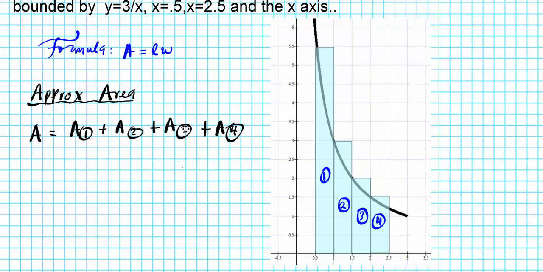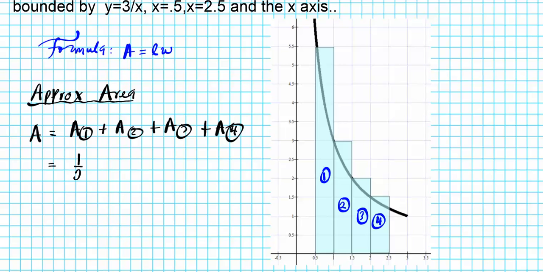Okay, so that will help us approximate the area between this curve, the boundary lines, 0.5 and 2.5, and the x-axis. All right, so let's start with rectangle 1. What is the area? So the width is 1/2 times a height of 5.5.